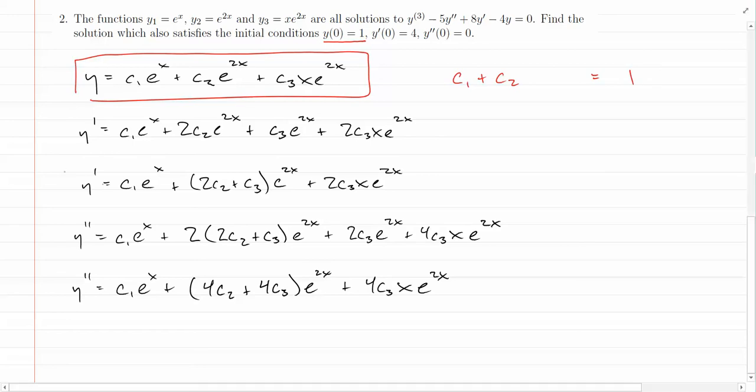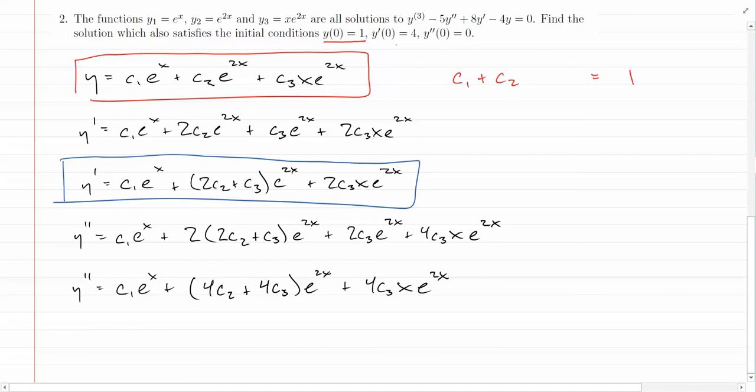Okay. Then we're going to look at the initial condition for y prime. If I plug in x equals 0 here, again the last term is going to go away, but I am going to have these two, so I'm going to have c1 plus 2c2 plus c3.